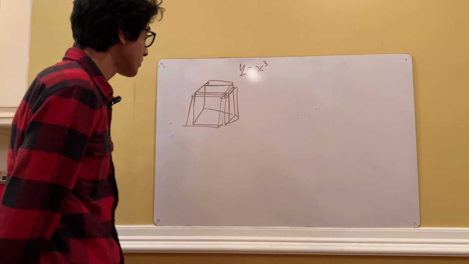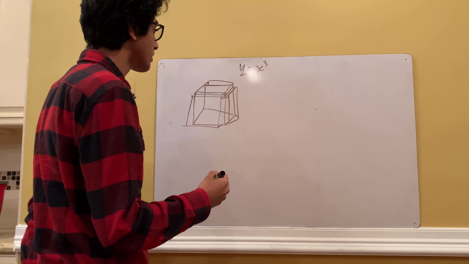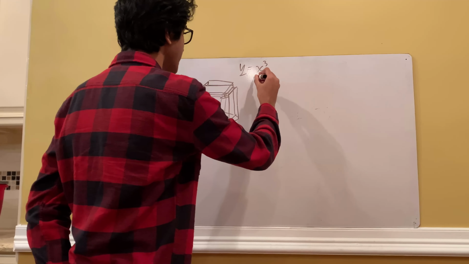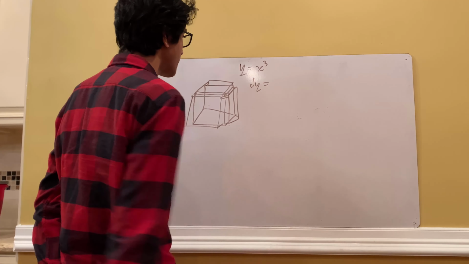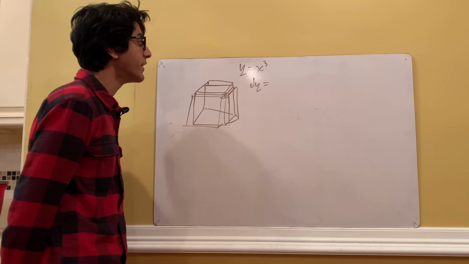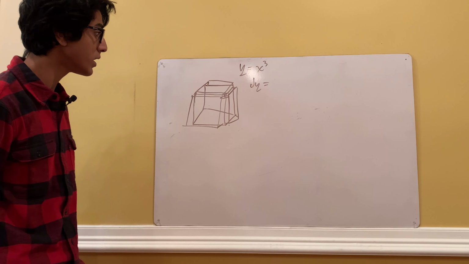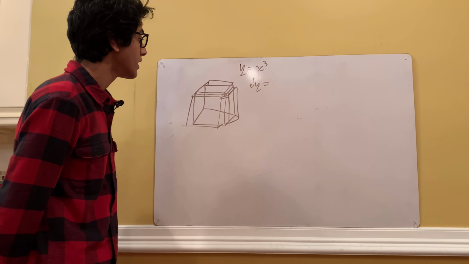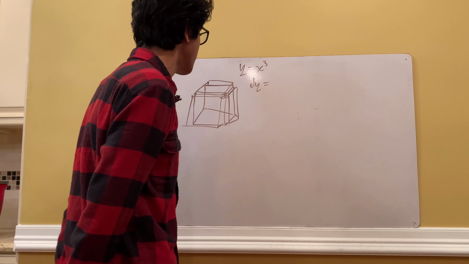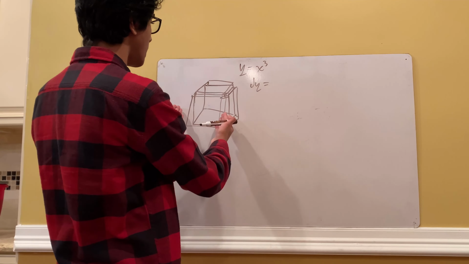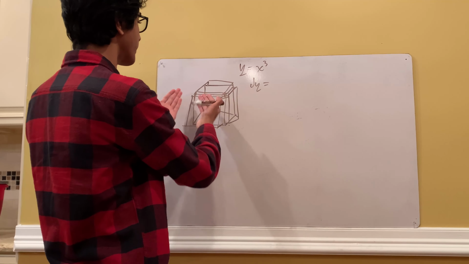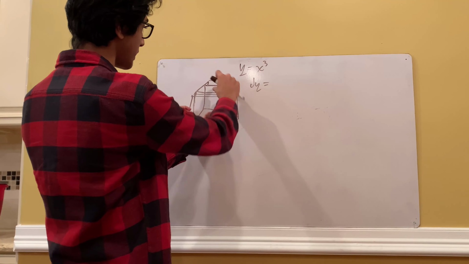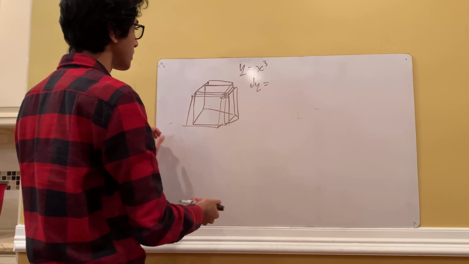All right, so now we're trying to find the dy, right? The very small change in volume that is resulting from the very small change in the lengths. So what is the new volume that we've gotten? It's these three new planes that we put and this very small cube.